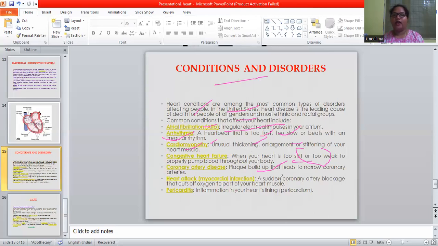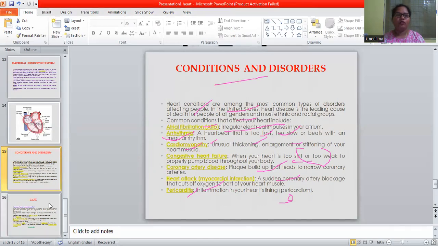A heart attack is a sudden coronary artery blockage that cuts off oxygen to part of your heart muscle. Pericarditis is inflammation of the pericardium, the lining of your heart. So these are the conditions and disorders of the heart.